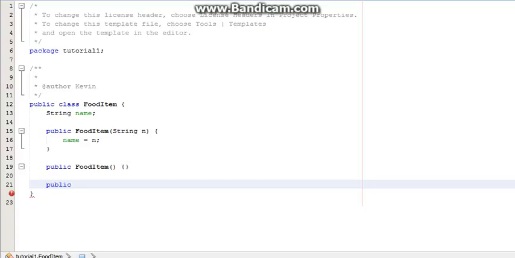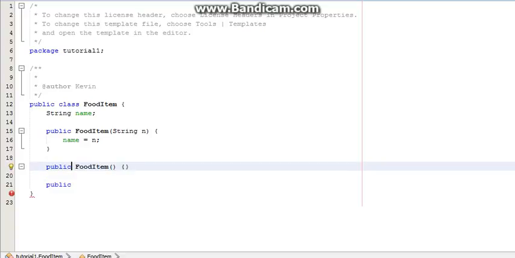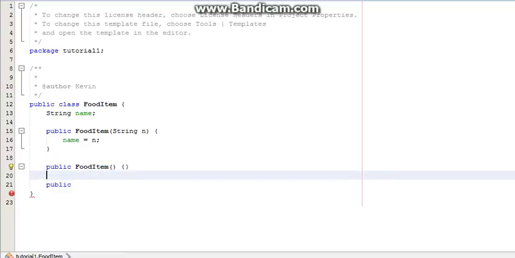Okay, so back to what I was previously saying about default constructors. They're not invariably useless or ineffective, right?